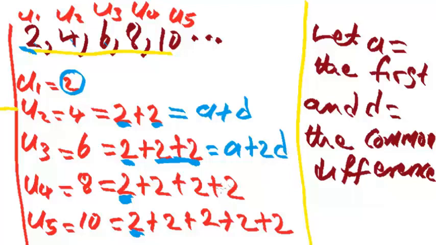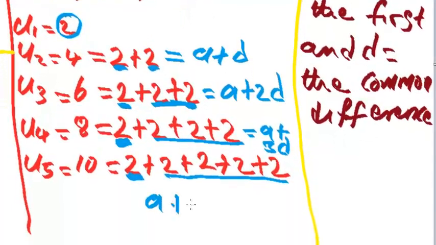Then this place, this is the first term, which is 2, and then we added 3 of the common differences, which is A plus 3D. Then here, this is our first term. Then we added 4 of the common differences, and that is A plus 4D.